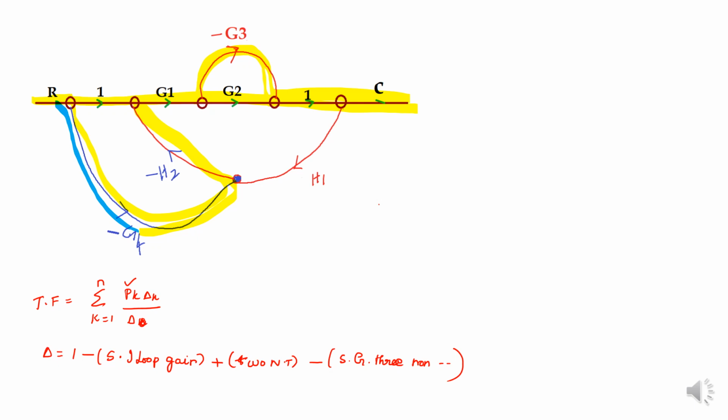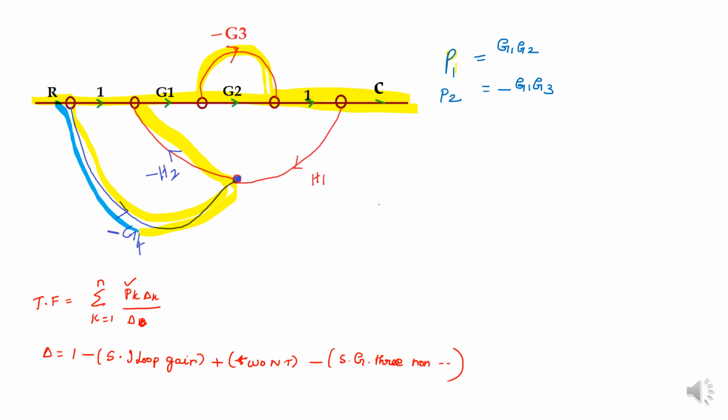Okay, forward path number 1. First of all, write the first forward path P1. P1 equals G1, G2. And next write the second forward path P2. P2 is G1 minus G3, that is minus G1, G3.